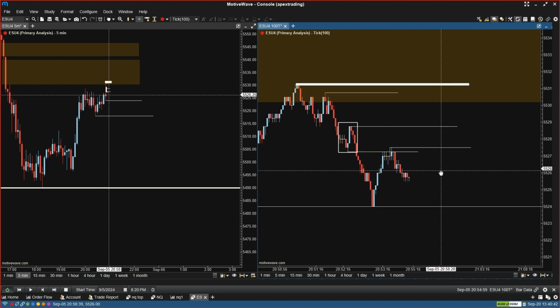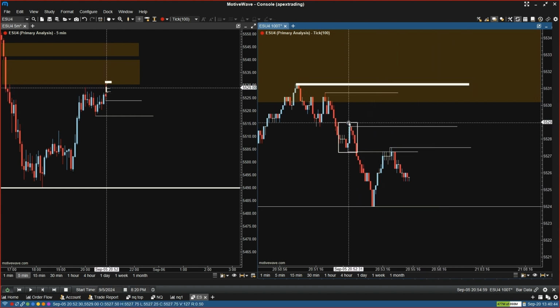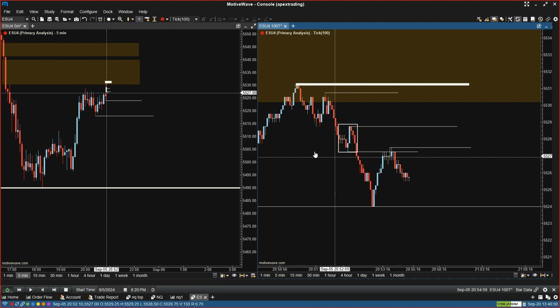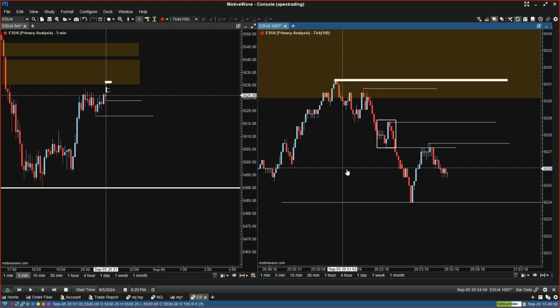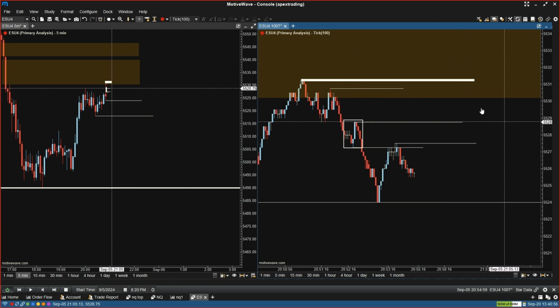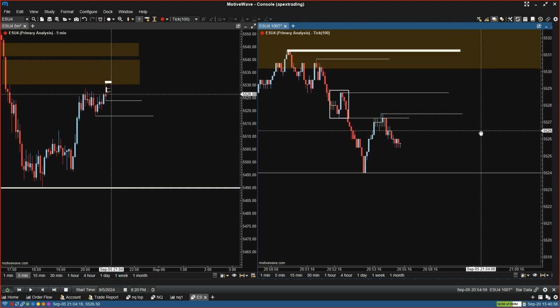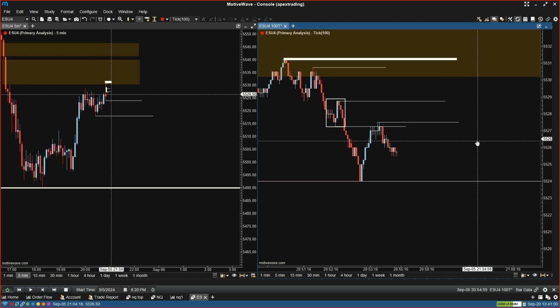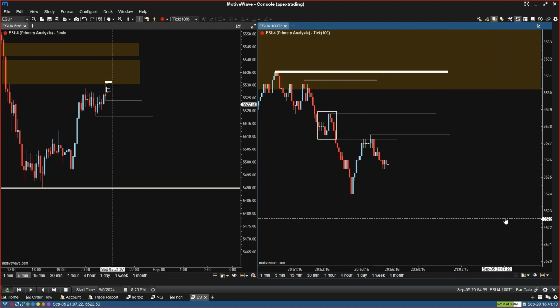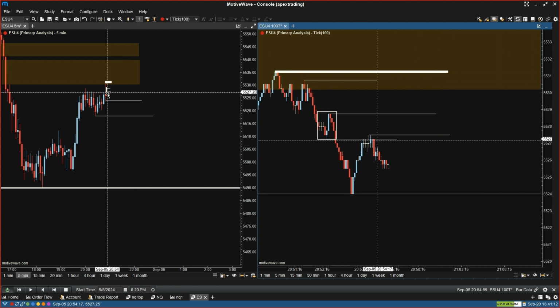It's very funny to look at it in the micro lens because it's very fractal. What you can see on the higher time frame, you can see as well on the smaller time frame, even the micro time frame. So for me, this is for an aggressive entry.